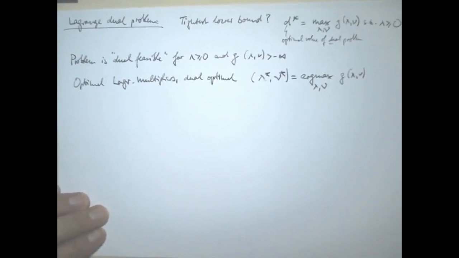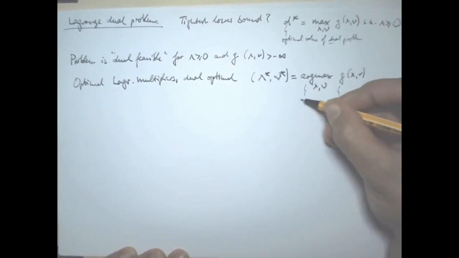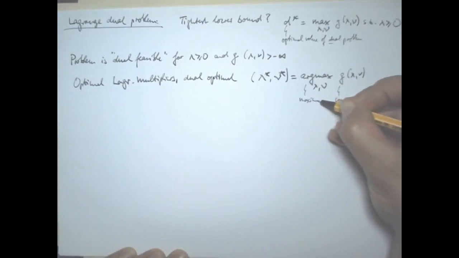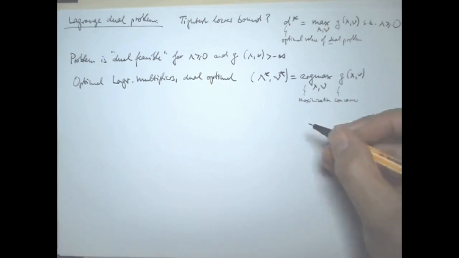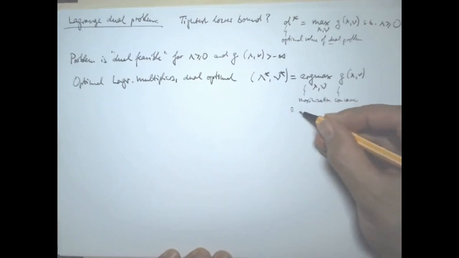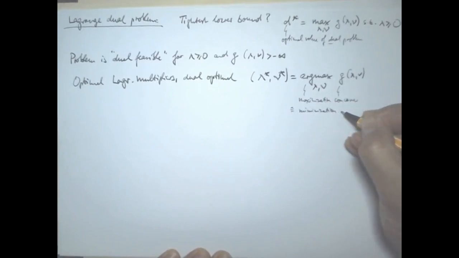So we had a function that was concave. We have a maximization, and the maximization of a concave function is the same as the minimization of a convex problem.